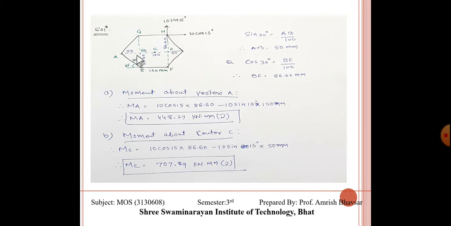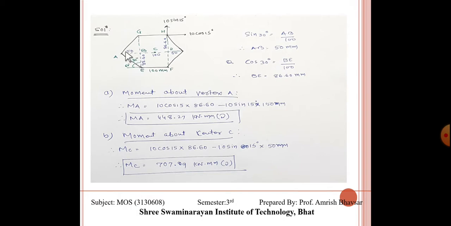Now the most important thing is that we must find the dimensions. For that, we make right angle triangles over here. So sin 30 is equal to AB upon 100. This dimension is 100. Sin 30, this is 60, then this is 30.